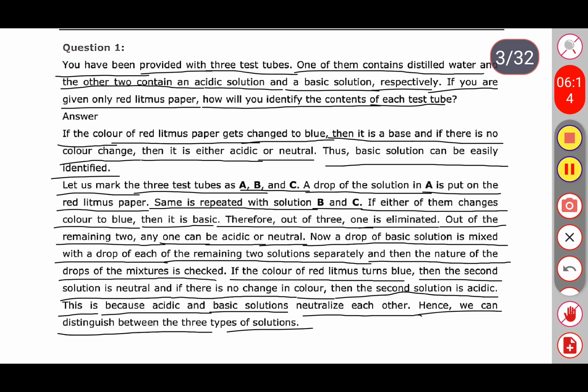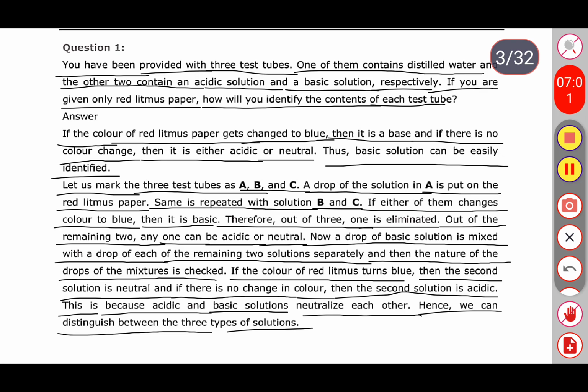Now a drop of the basic solution is mixed with each drop of the remaining two solutions separately, and then the nature of the drop of the mixtures is checked. If the color of the red litmus paper turns to blue, then the second solution is neutral, and if there is no change in the color, then the second solution is acidic. This is because acidic and basic solutions neutralize each other, hence we can easily differentiate the three types of the solutions.